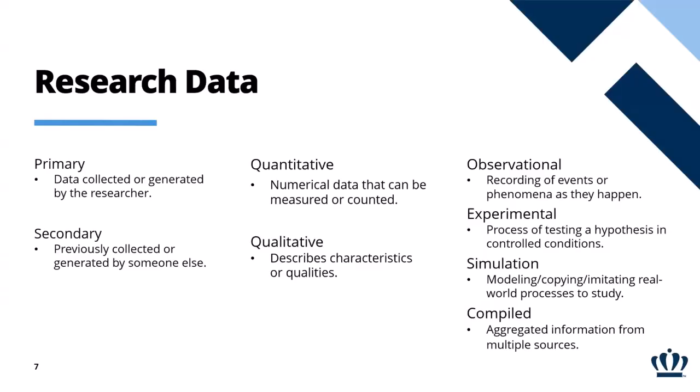Researchers may collect their own data, or they may use data that's previously been collected or generated by someone else. Data might be quantitative or qualitative, or your methodology could include both. Data can also be observational, experimental, simulated, and or compiled. I've added a slide of resources at the end that goes into a little bit more depth on data types.